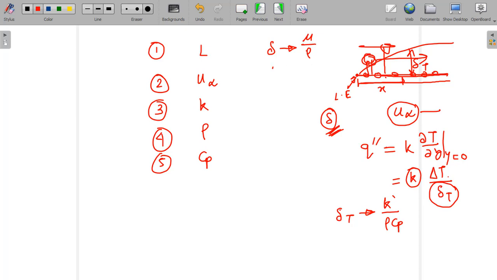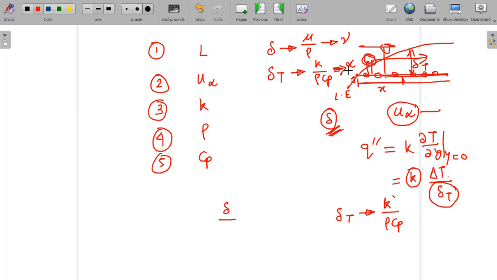And we have seen that delta T depends on the thermal diffusion, that is conduction, and the thermal inertia, which is rho Cp. So now you can define a material property, that is delta by delta T, where this quantity is nu, and this quantity is what is called alpha, we know.